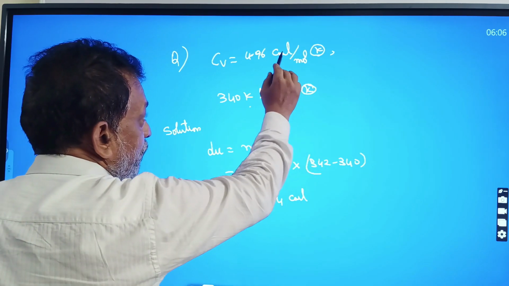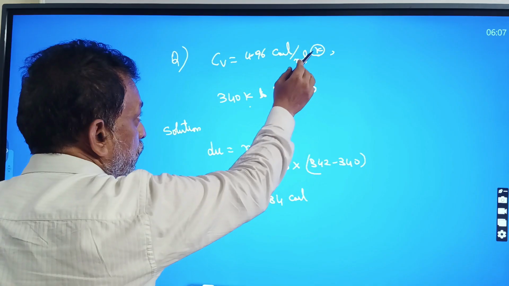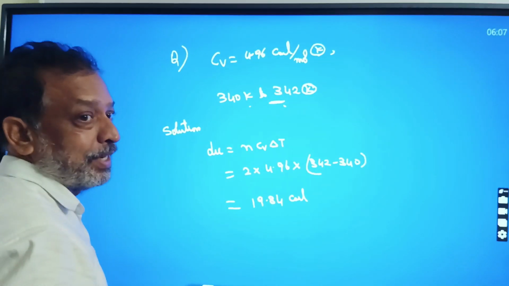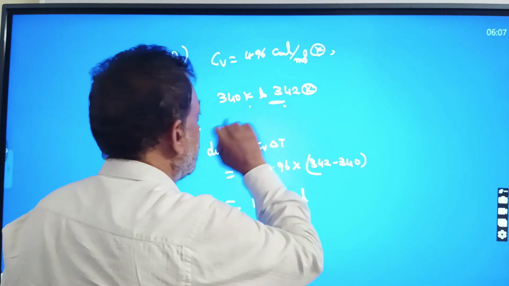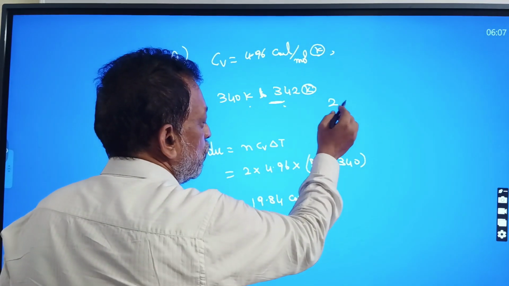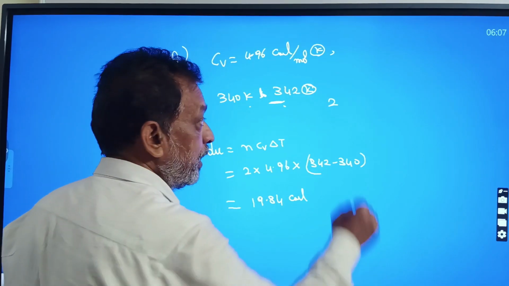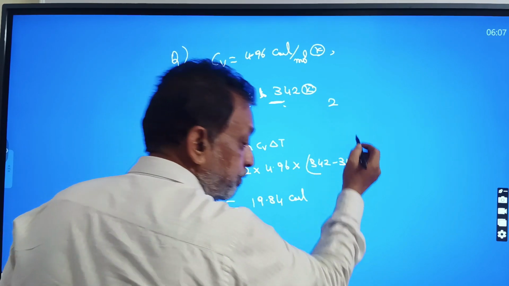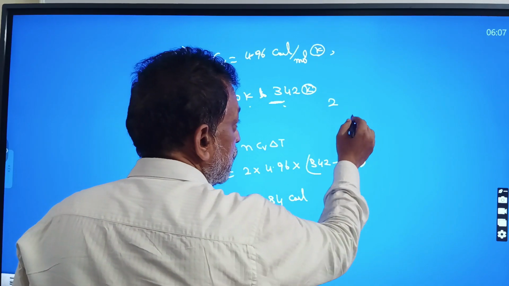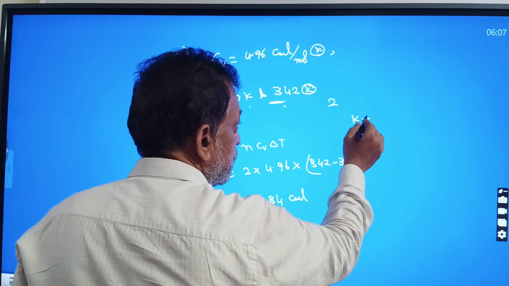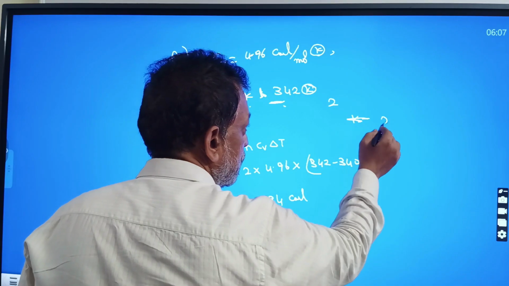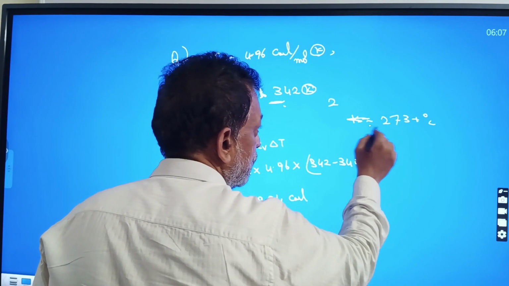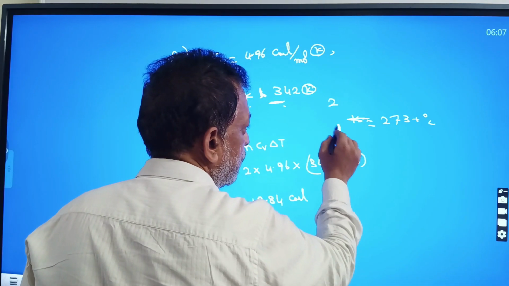Suppose they give calorie per mole degree centigrade, then you have to convert Kelvin to degree centigrade. The difference is 2 Kelvin, so how many degrees centigrade is it? The conversion is K equals degree centigrade plus 273. Absolute Kelvin.